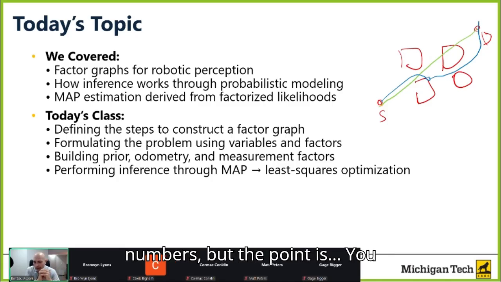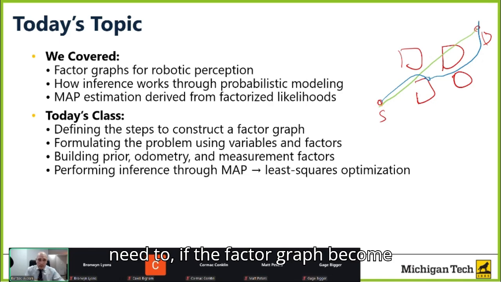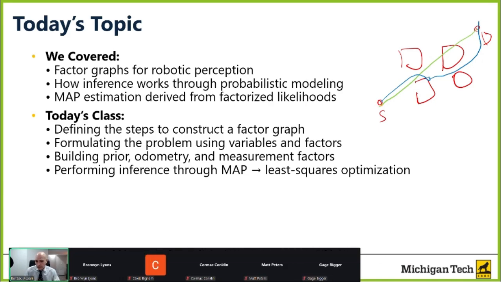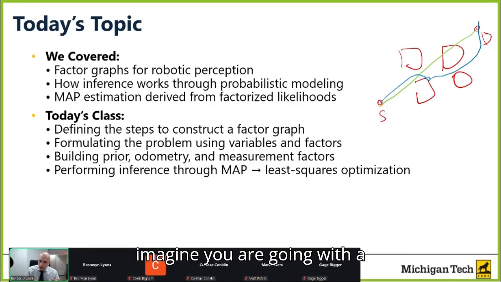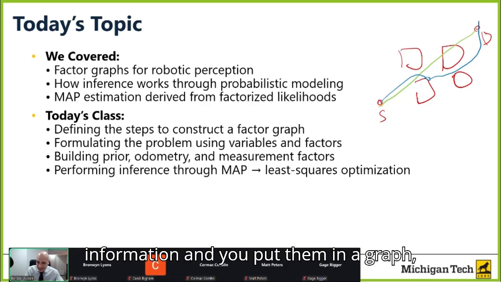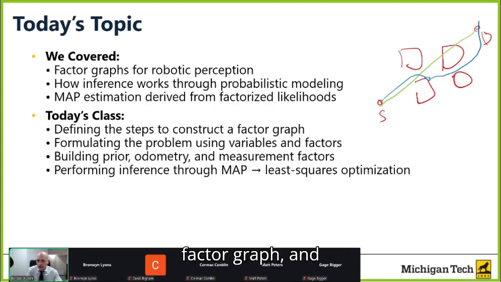But the point is, if the factor graph becomes huge, especially in a SLAM problem, simultaneous localization and mapping, imagine you are going with a LiDAR in a city collecting all this information and you put it in a factor graph.